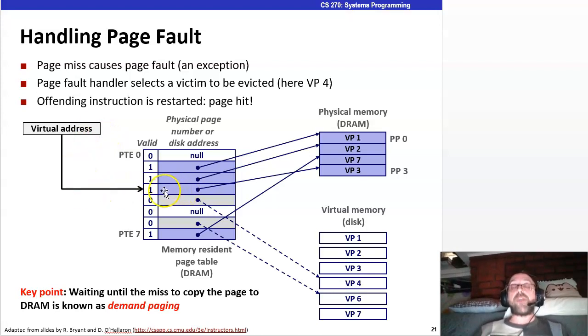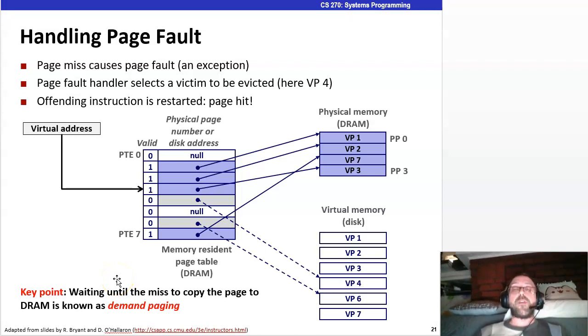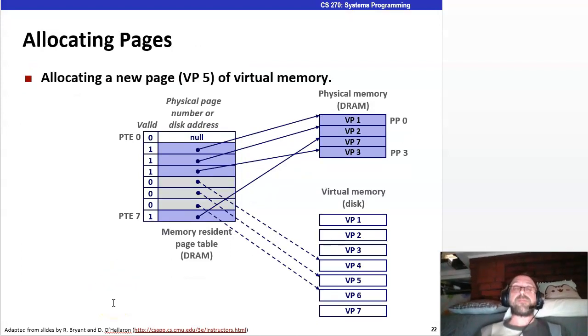This time, that virtual page is mapped, and the memory mapping hardware can handle it appropriately. So the key point here is that we're waiting until we actually access that page of virtual memory, until we actually try to use the thing before we load it from disk. So that's called demand paging.